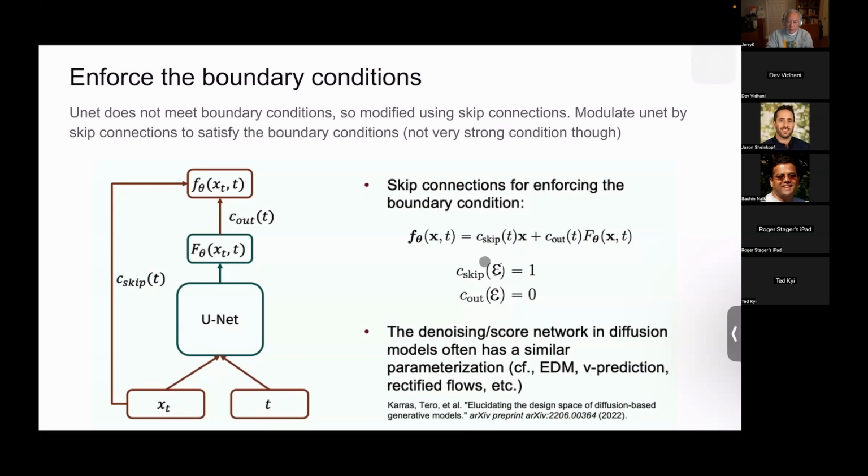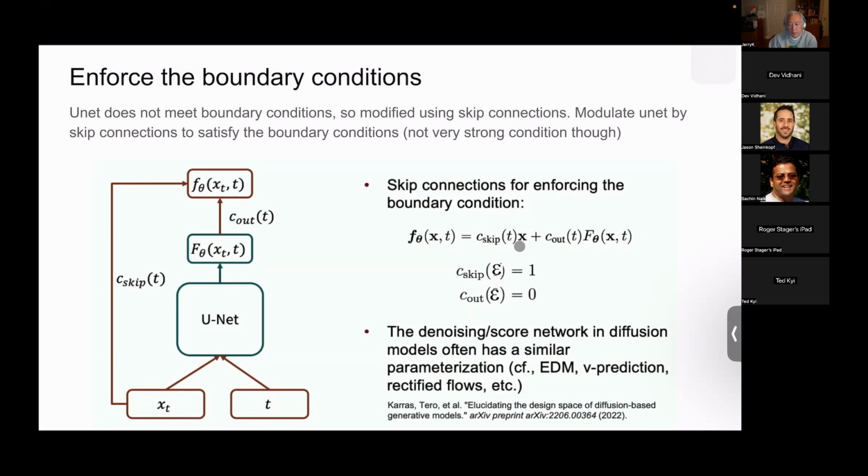So if you are at epsilon time step, then your C skip is 1 and C out is 0, which means you will output this. And if it is not, then whatever your network outputted is your f theta. And then of course, this is what you're training so that your boundary condition is met. There's nothing special about that. This is very straightforward, just how they enforce the boundary condition with this skip connection, where you have C.